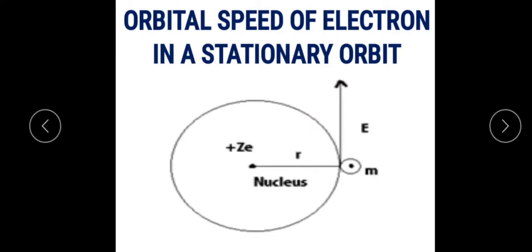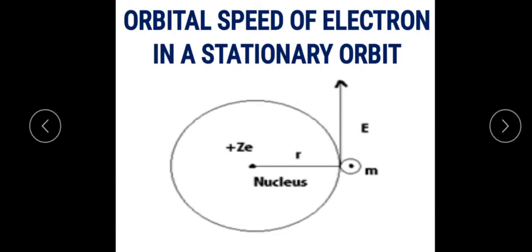While returning, it emits a certain amount of radiation or photons having energy equal to the energy difference between the initial and final states, that is E equals h nu, equals E2 minus E1. So these are the postulates of Bohr's atomic model.